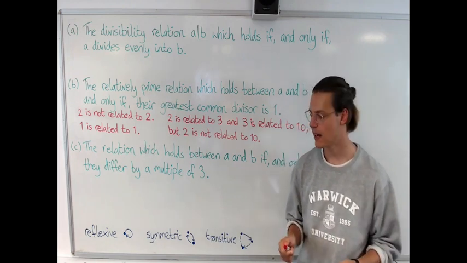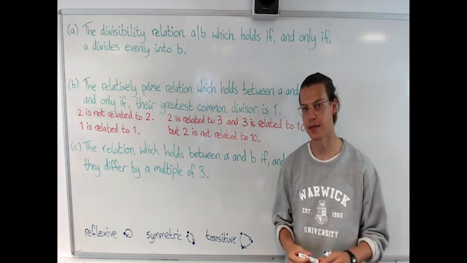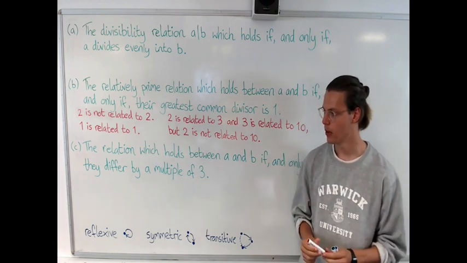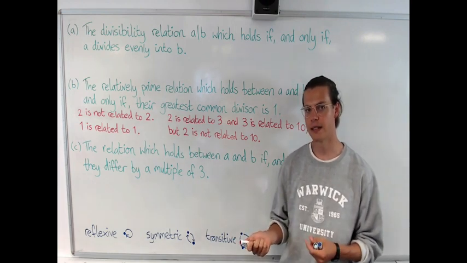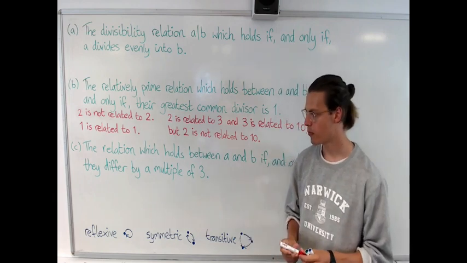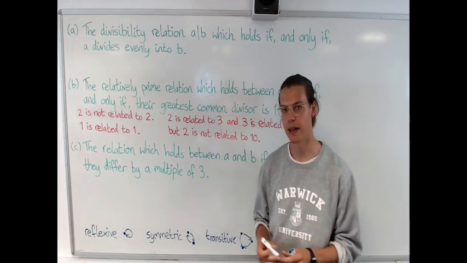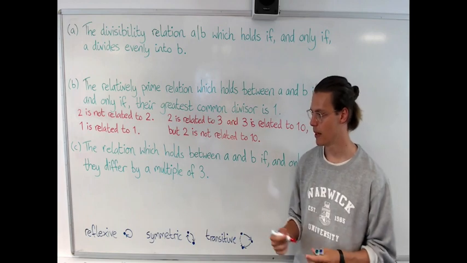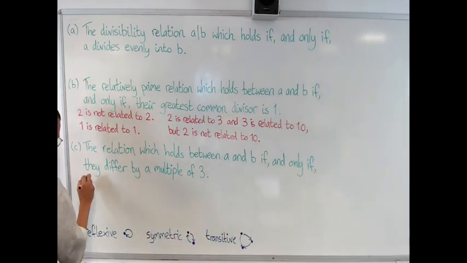And finally, is this relation transitive? Well, if A is related to B, then A and B differ by a multiple of 3. And there's another way we can write that.